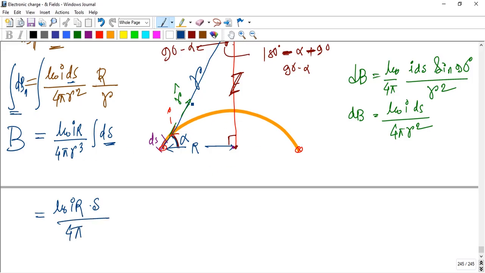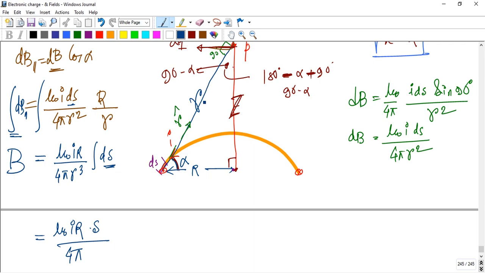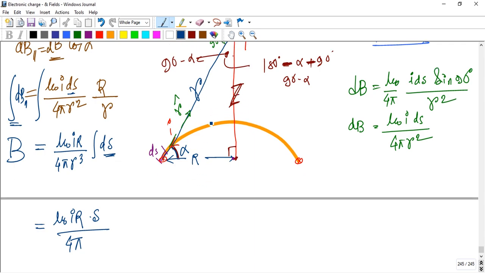Here r is the hypotenuse, that's the base, that's the perpendicular. By the Pythagoras theorem, r cube is (capital R square plus z square) to the power 3 by 2.